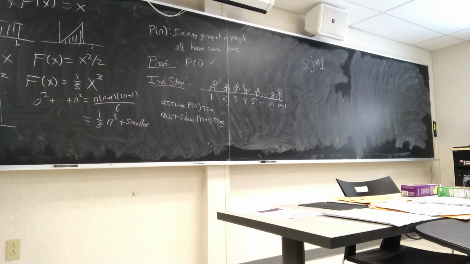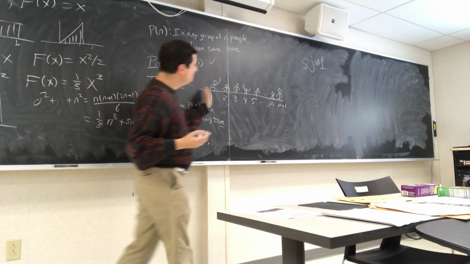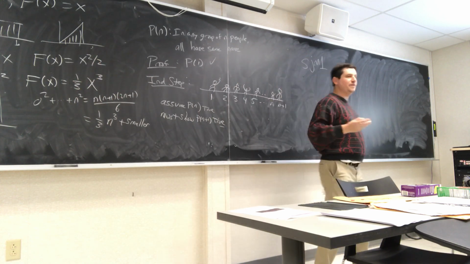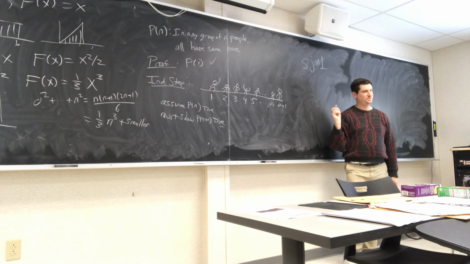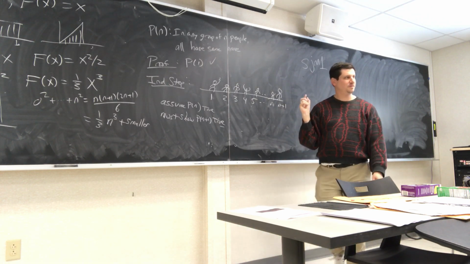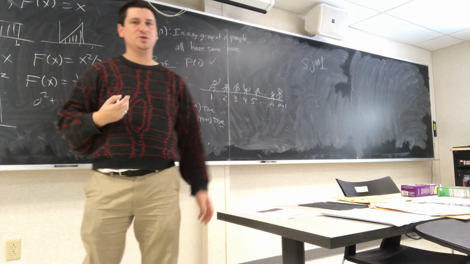I need a group of n people. 7. What's 7? My favorite number. But I'm saying, I have these n plus 1 people. You have to tell me which n people from these n plus 1 people I should choose. So somebody give me a group of n people from these n plus 1 people.